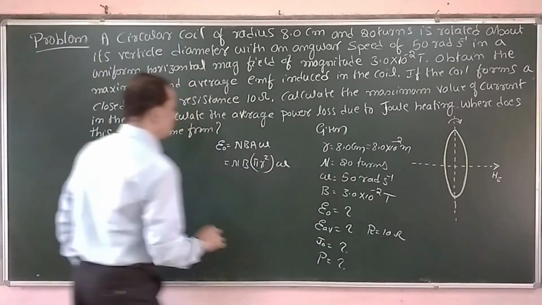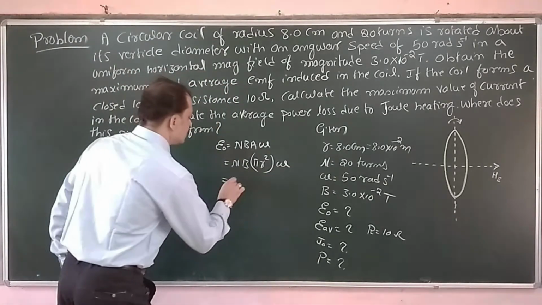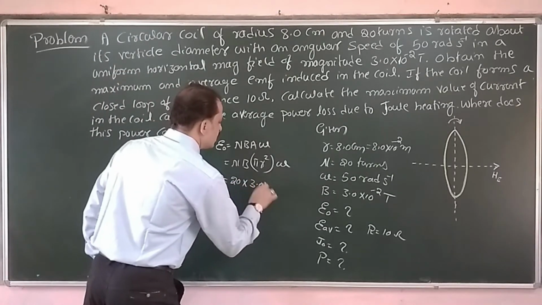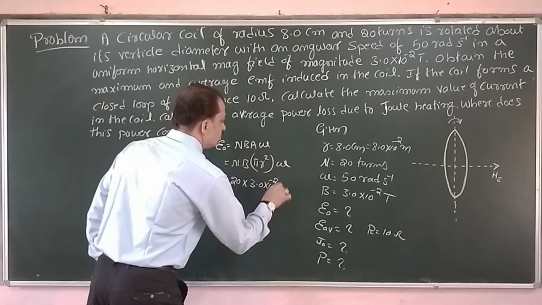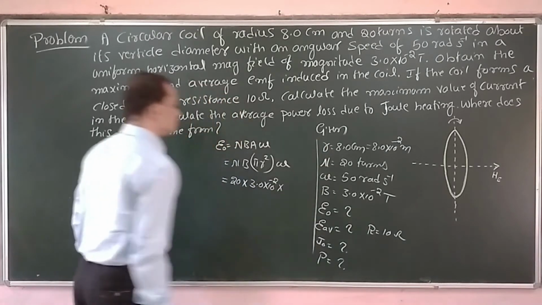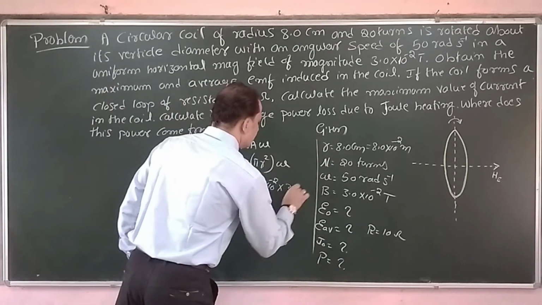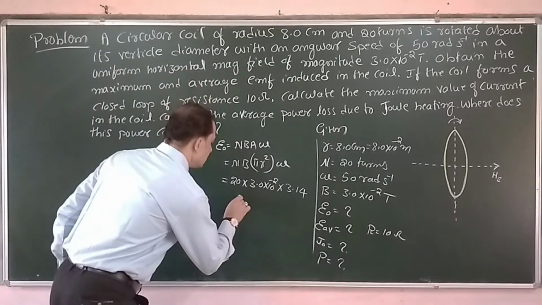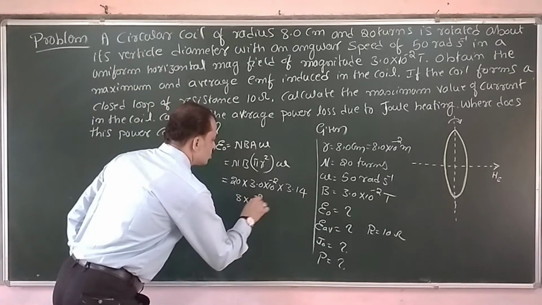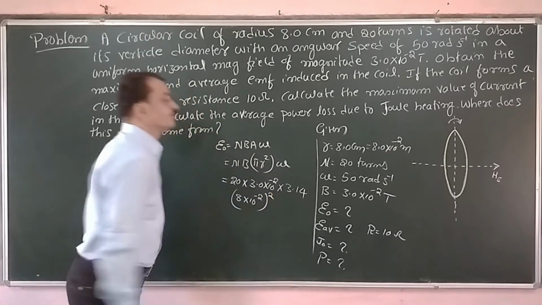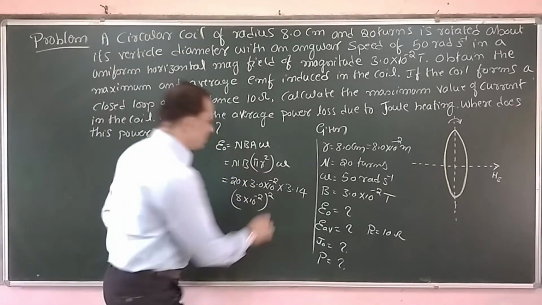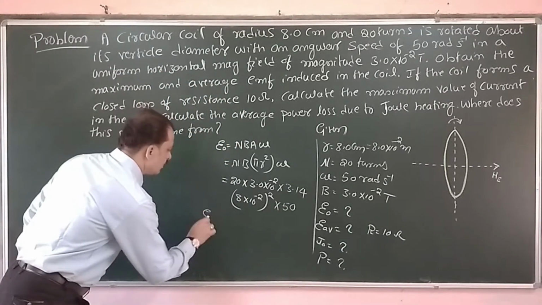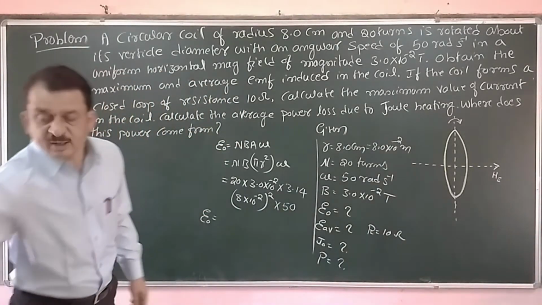Now N is 20, B is 3.0 into 10 raised to minus 2, pi is 3.14, and radius is 8 into 10 raised to minus 2, whole square, multiplied by the angular speed 50. Okay, so we will work out with the calculator.